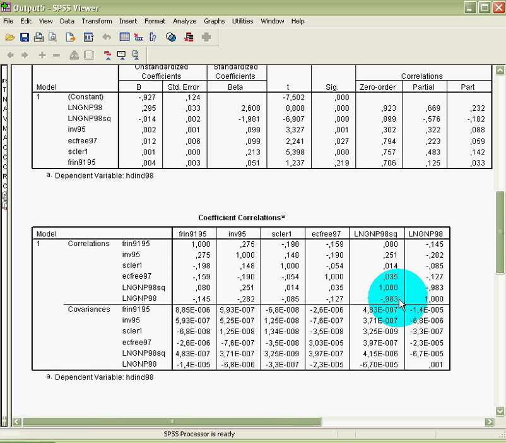This is the correlation between the log transformed GNP per capita and the log transformed GNP per capita squared. Those two have a very high correlation. So you should say there is multicollinearity within this model.